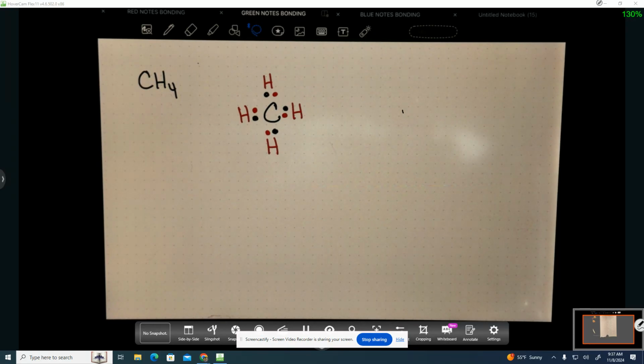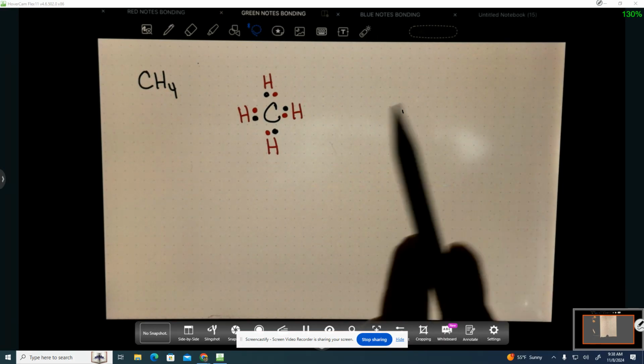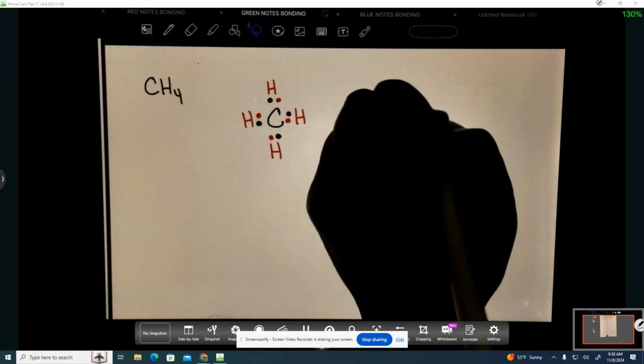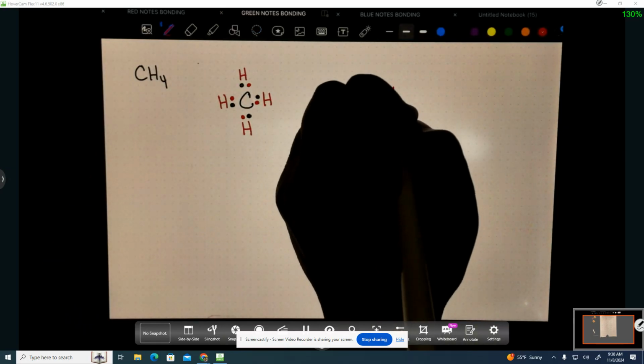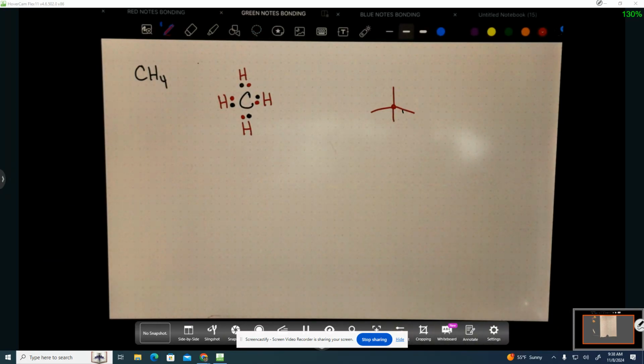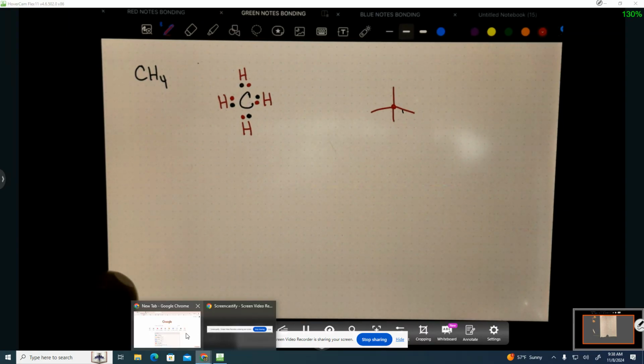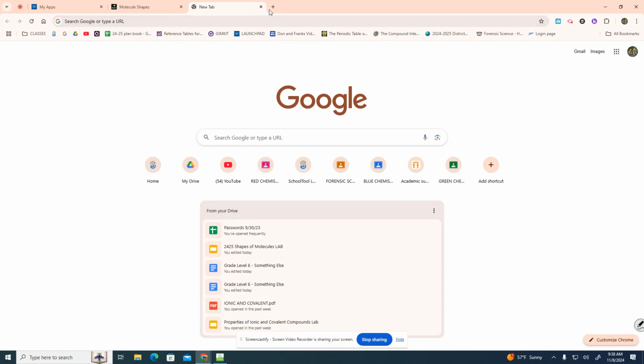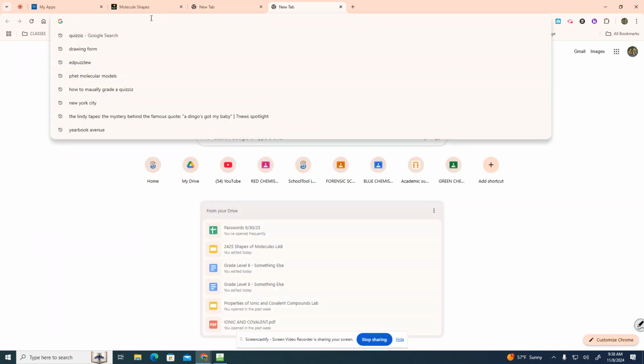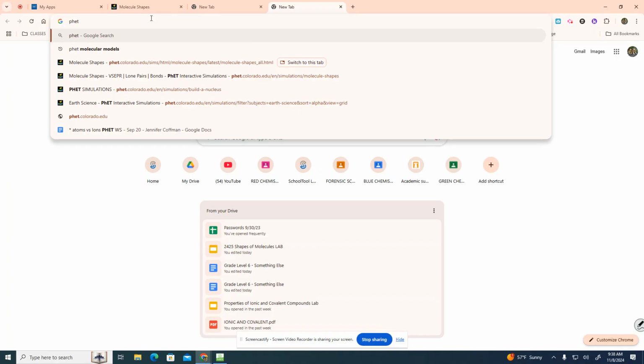Does that remind you of a toy that you played with when you were a kid? No? Jacks. Good. Looks like a jack. Because again, we're drawing something in 2D here that really is a 3D structure. Kind of like looks like that. Hold on. Let me pull this up for you so you can kind of see it in real time. Again, you're going to play with this.